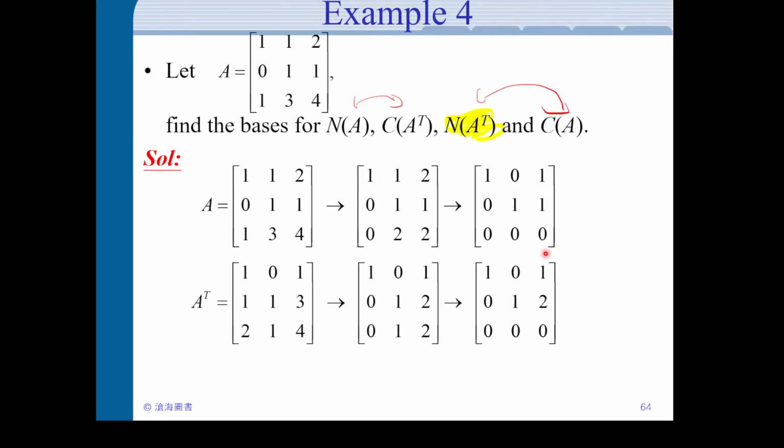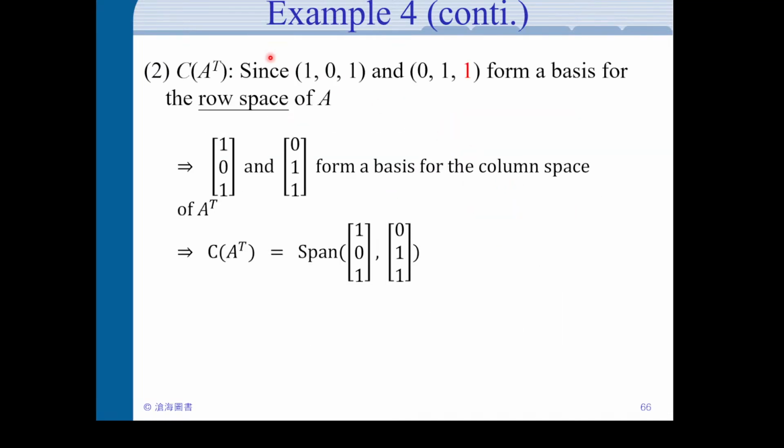And the column space of A transpose we can find from here: (1, 0, 1) and (0, 1, 1) are the basis of the row space of A, and you transpose them to get the basis for the column space of A transpose. So the column space of A transpose is spanned by those two vectors, and together with the null space vector they become a basis of R3.